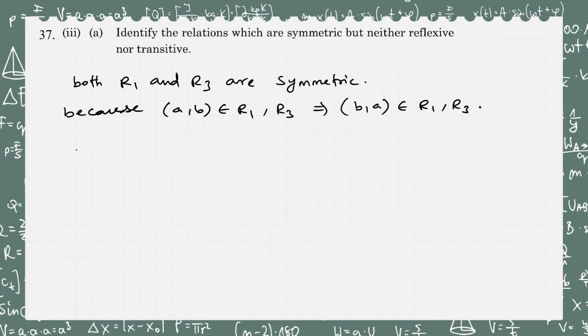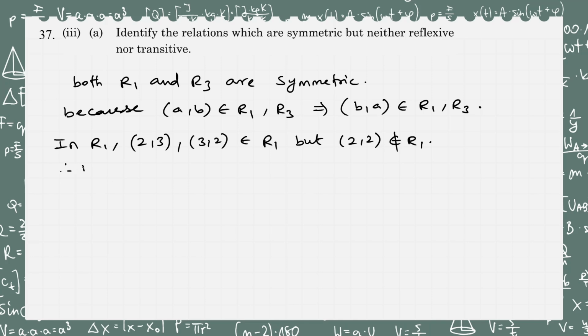So in R1, 2, 3 and 3, 2 belong to R1, but 2, 2 doesn't belong to R1. Therefore, R1 is not transitive.